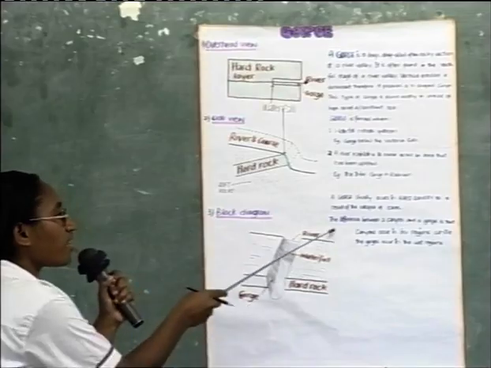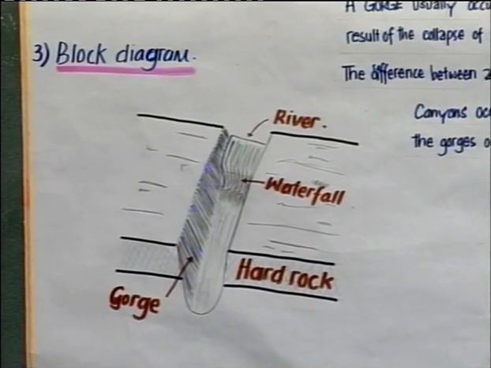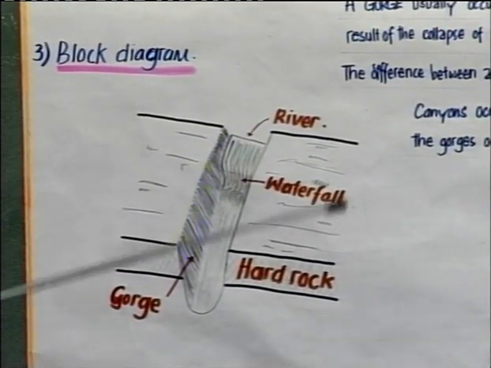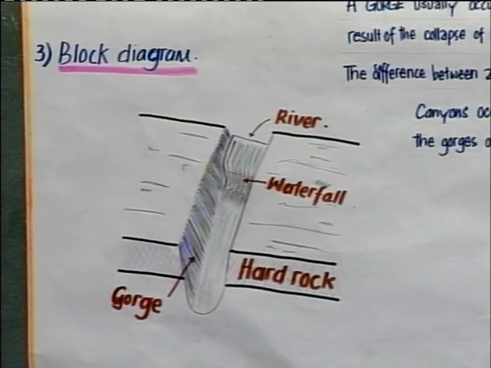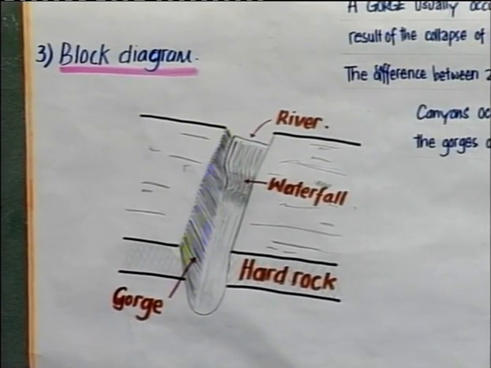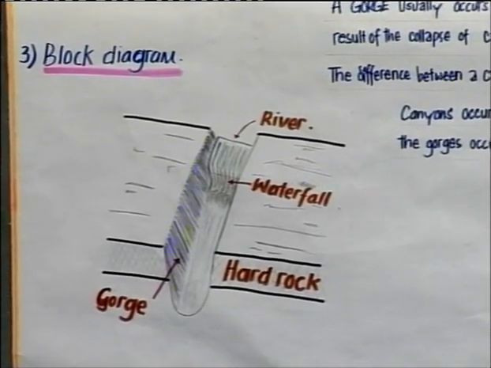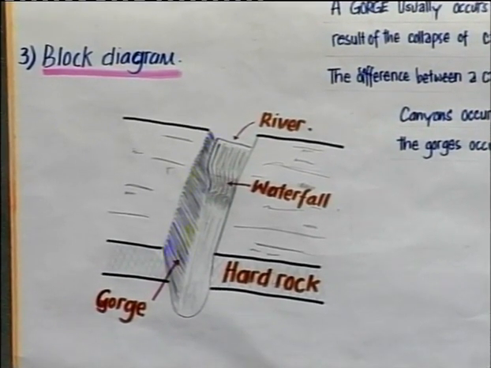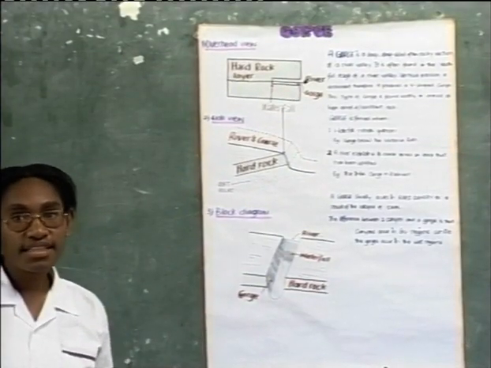Gorges usually occur in wet regions, areas that have rainfall, and canyons occur in arid regions, dry regions where there's little rainfall. Does that answer your question? No.